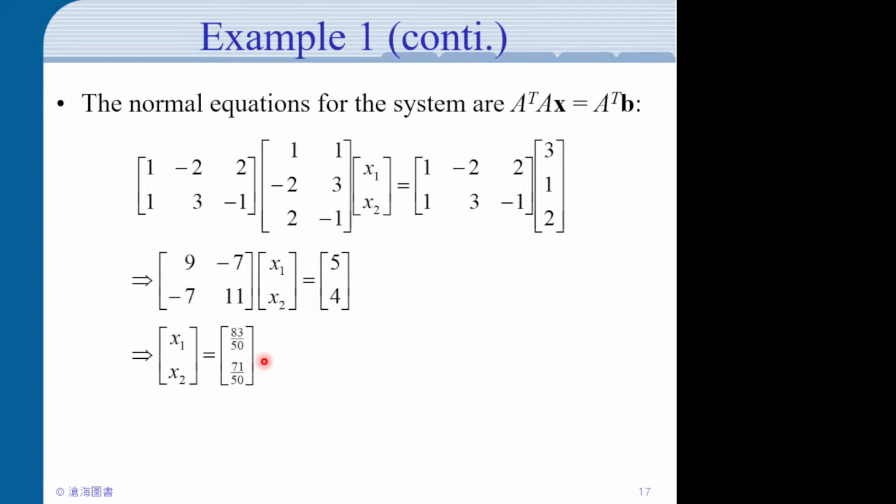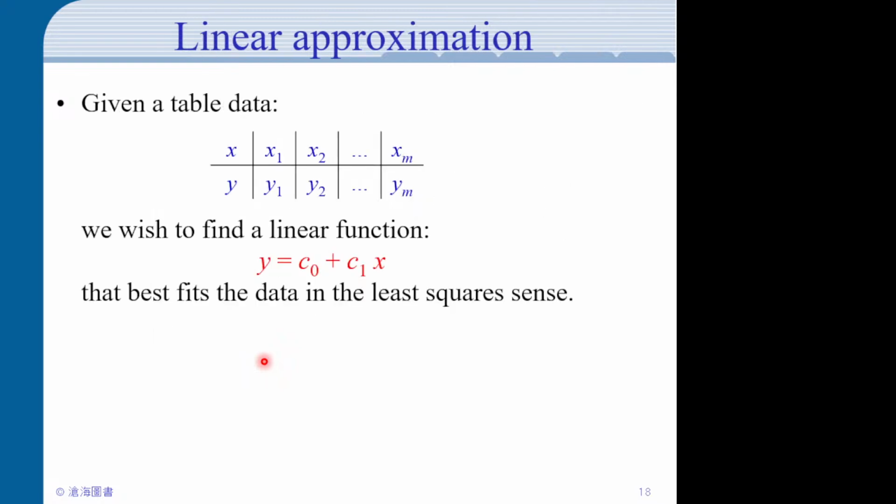Okay, if not, then let's see how this relates to the thing we talked about before. We have an example that relates to our motivating example. So we say we have a table of data, a whole bunch of x and y, and we want to find a linear approximation to those x and y.